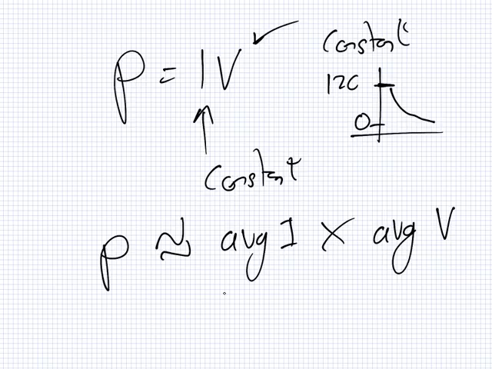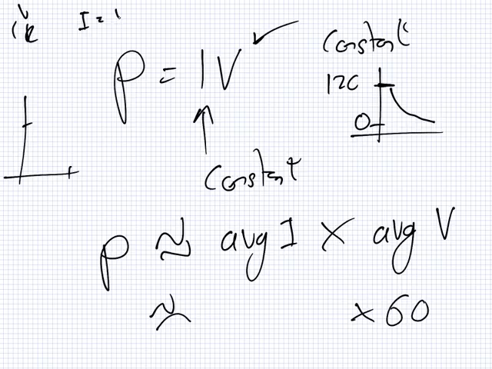So what would be an average value to use, roughly? About 60. And what about the I? What does the I start with? Well, let's calculate it. VIR, I equals V over R. V is 120 at the start, and the R at the start is 100.